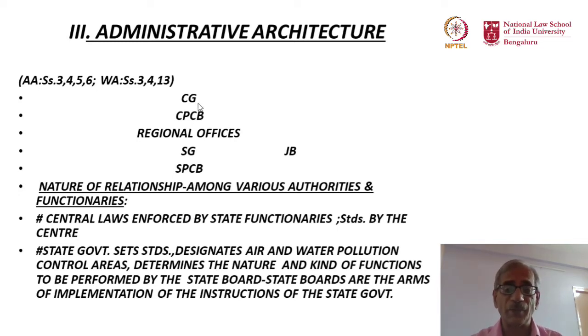So the central government makes the law, and these central laws are enforced as a general rule by the state functionaries. Who are the state functionaries? The State Pollution Control Board. That means the center lays down the standards, prescribes norms as to how pollution needs to be controlled and managed, and the state agency in the form of the Pollution Control Board at the state level would enforce it.